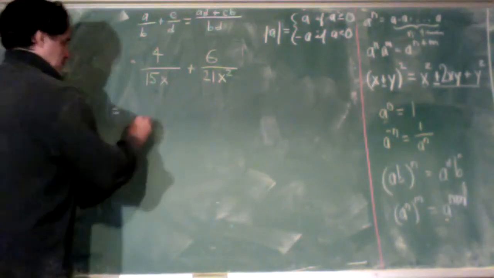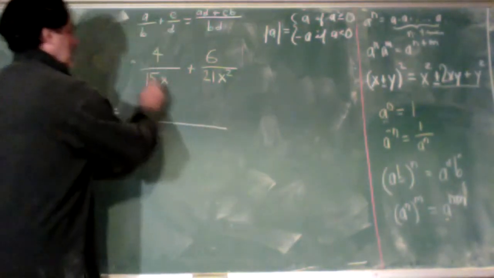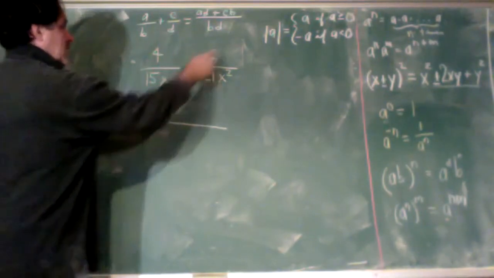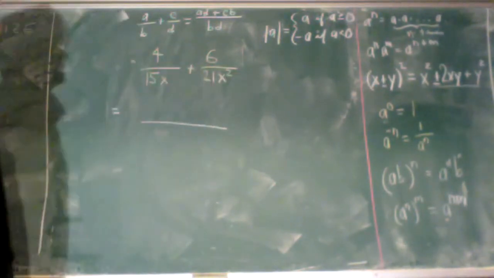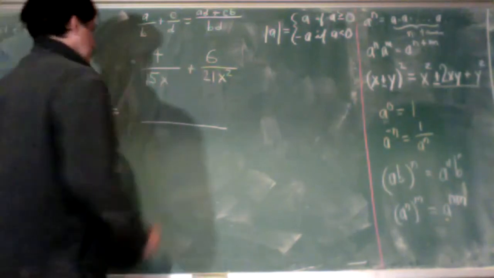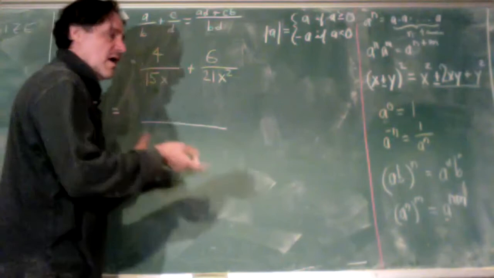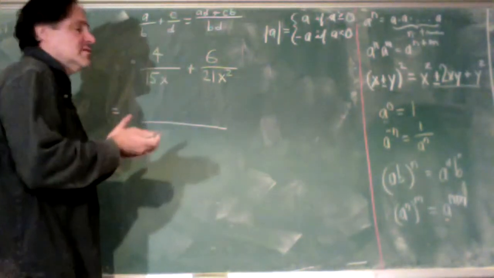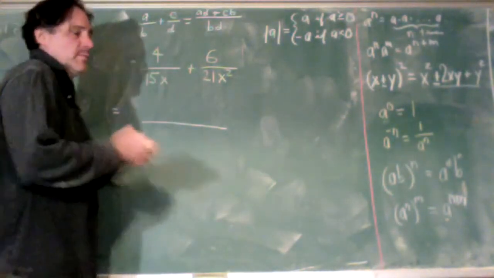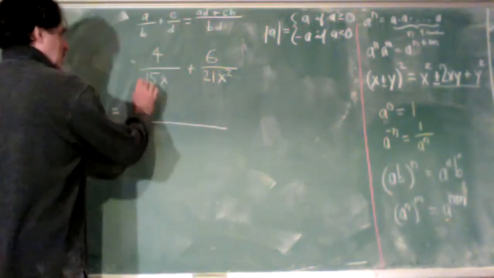We do that, what do we have? Taking this to be A, this to be B, this to be C, this to be D, my denominator becomes, and again, we're not worrying about least common multiples or least common denominators here. We're strictly applying the fundamental definition.